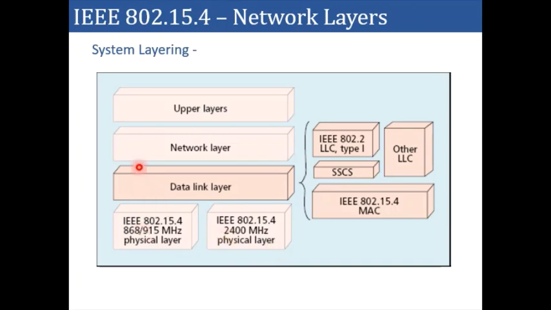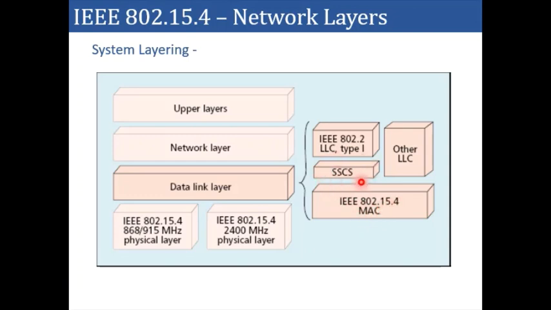On top of that we will have the data link layer, where we have multiple sublayers. So the first layer is the MAC sublayer. Here the MAC layer is a reduced MAC layer, which is defined as part of 802.15.4 to reduce the power consumption. So basic functionalities which are required for data transmission are implemented in the 802.15.4 specific MAC layer.